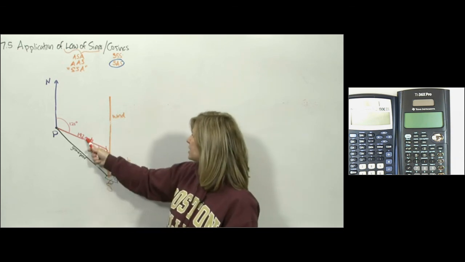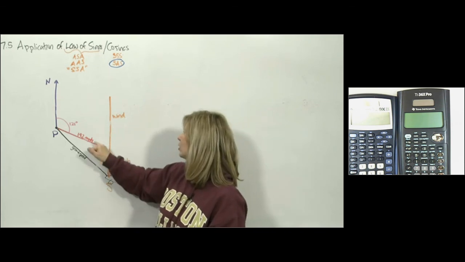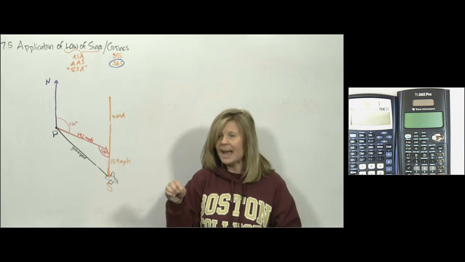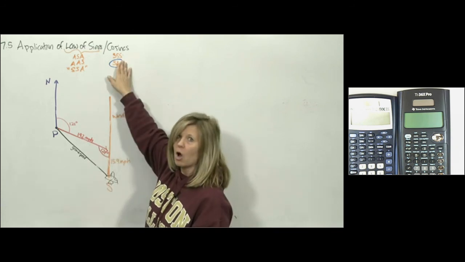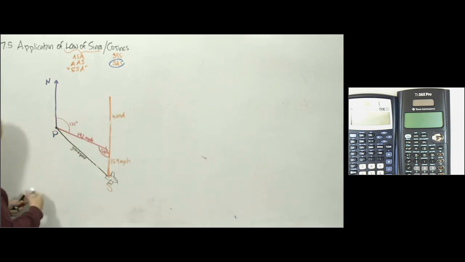Now if you look, we have side, angle, side. So if I have SAS, that means I have to start with which law? Law of cosines. I want to find the speed, which is a line segment. I do not care what you label that.